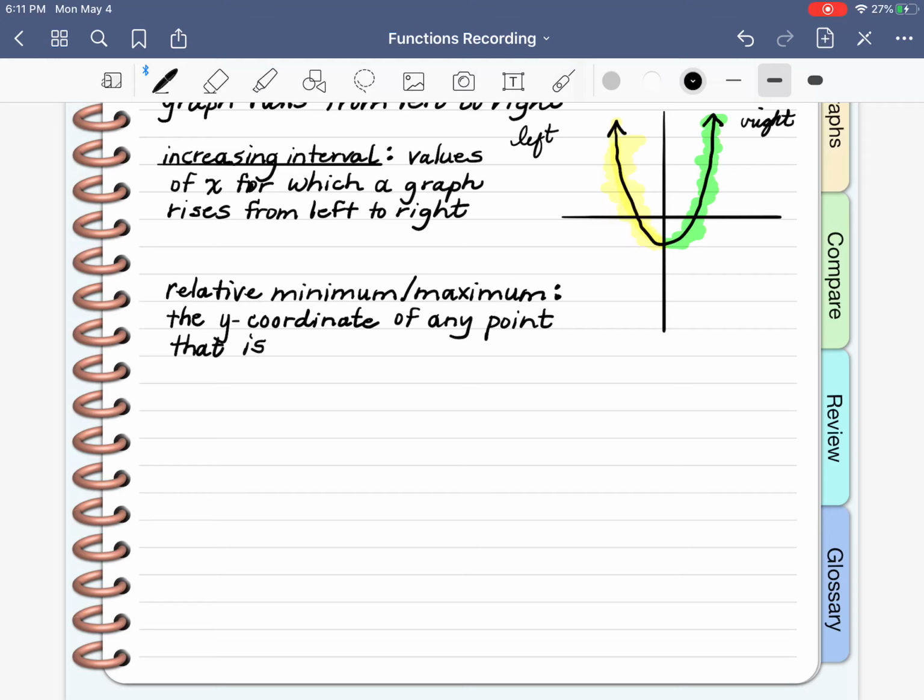So I'm doing minimum and maximum, so I'll put lowest and highest. Point for some section of a graph.